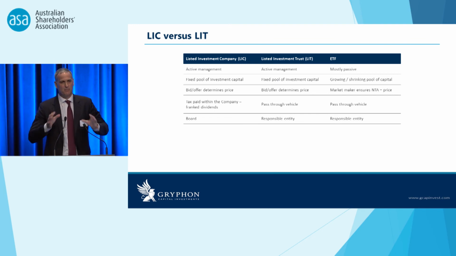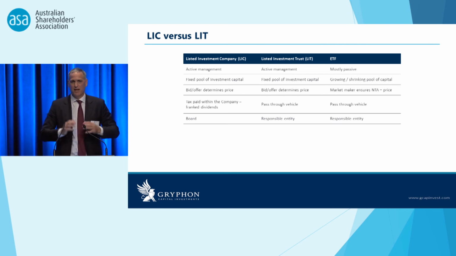But the question that's mostly asked is, what's the difference between an LIC and an LIT? And the major difference, and Ian rightly pointed out there are other differences, comes down to the income.